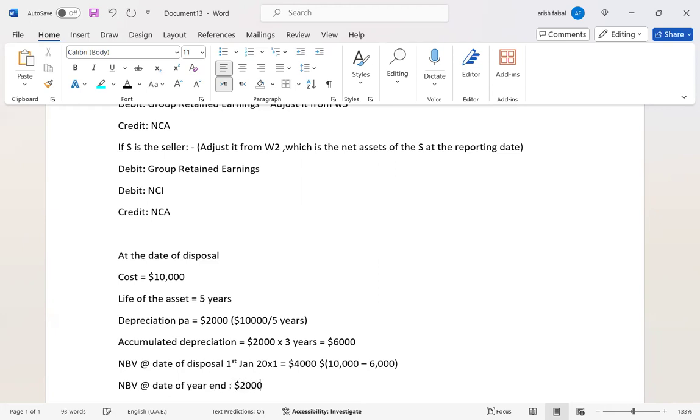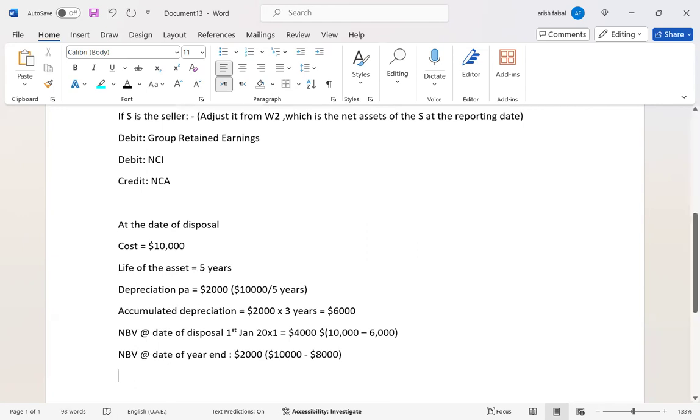It's a total of 4 years, and every year you're charging a depreciation of 2,000. So in 4 years there would have been a total depreciation of 8,000, and the net book value of this asset in the books of the parent, if it had not been sold, would have been 10,000 minus 8,000, which is 2,000.